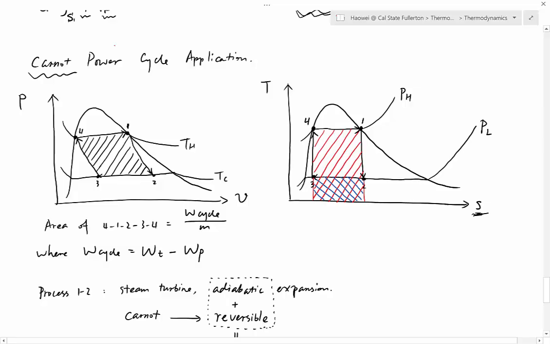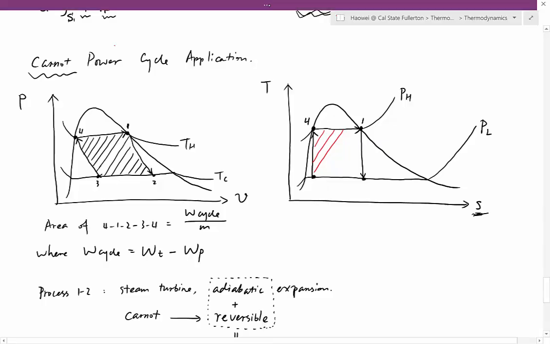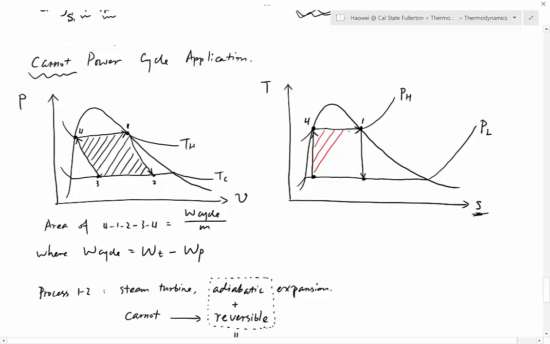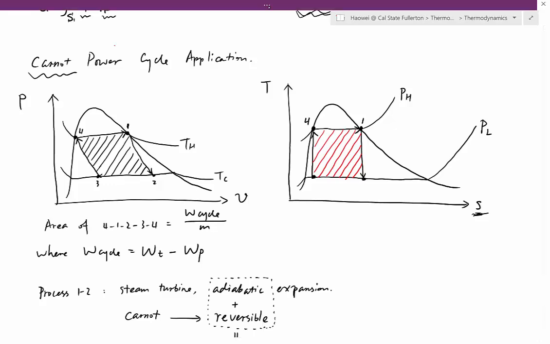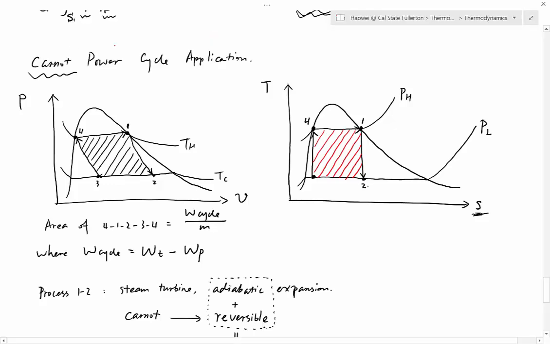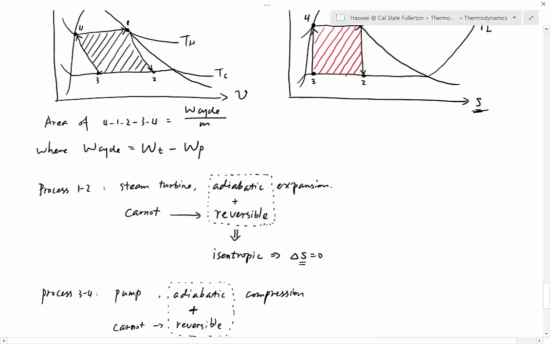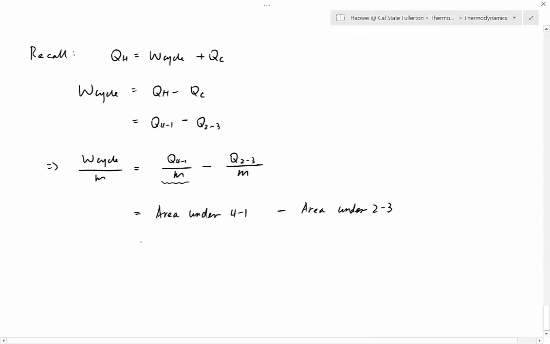What is left is the area of the enclosure, 4-1-2-3-4. So now we can say the area that is left is the area of my enclosure. We proved it from geometry. It's equal to the area of the enclosure.